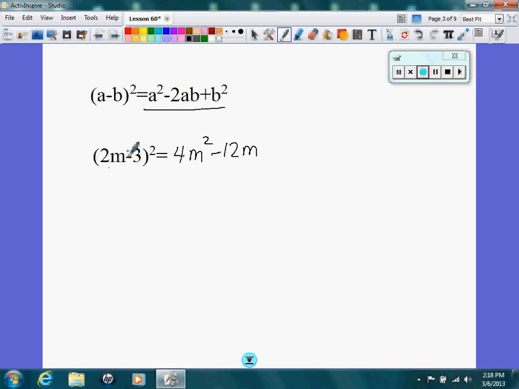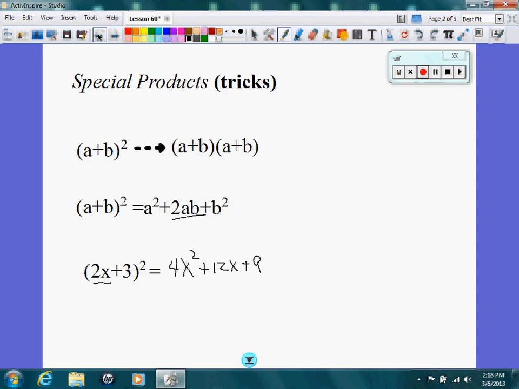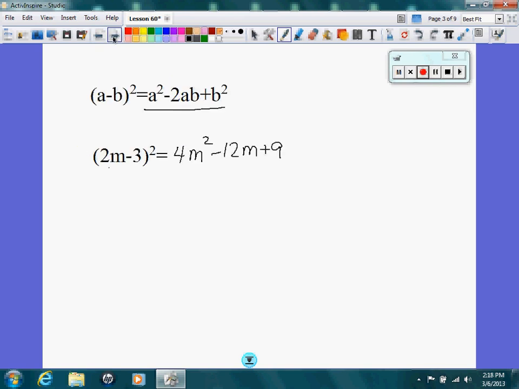And then minus 3 times minus 3 would be plus 9. Okay, now notice the difference between the square of the difference of two numbers and the square of the sum of two numbers. The only difference is what? This sign right here, and this sign only is different. That sign right there is a minus. If this sign is a minus, that sign is a minus.